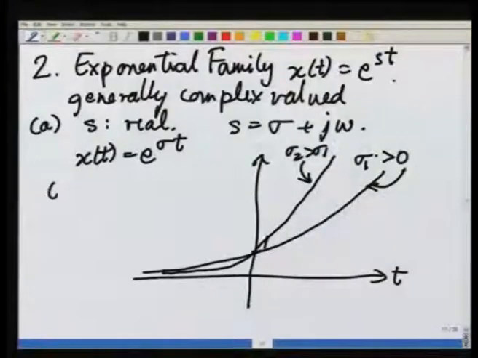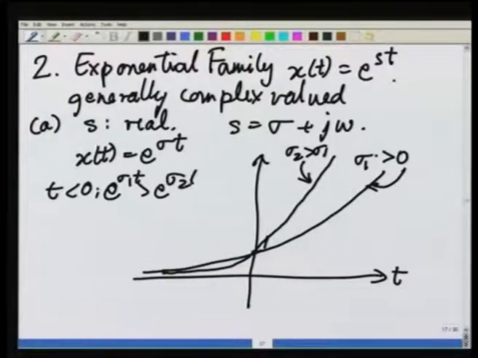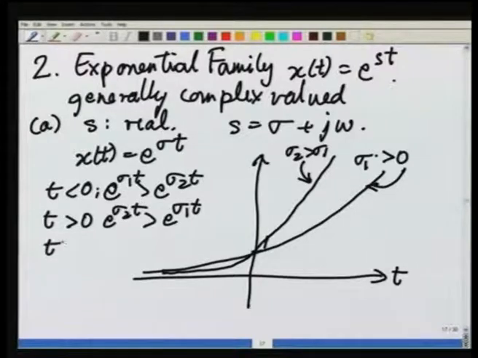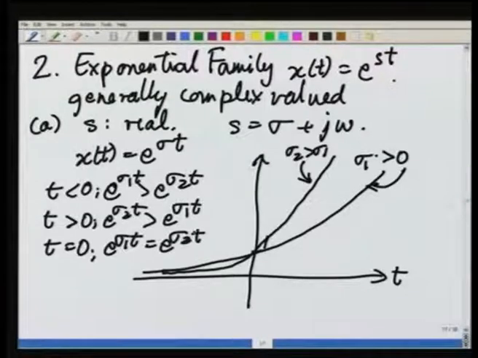So, for t less than 0, e to the sigma 1 t is greater than e to the sigma 2 t, and for t greater than 0, e to the sigma 2 t is greater than e to the sigma 1 t, and for t equal to 0, they are both equal. Fine. This much can be observed straight away.